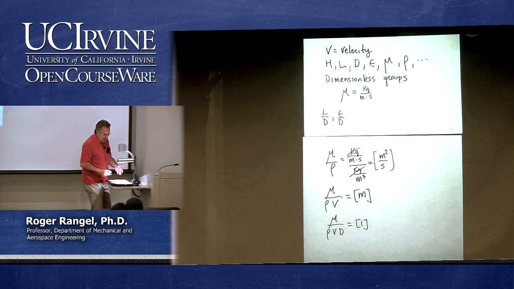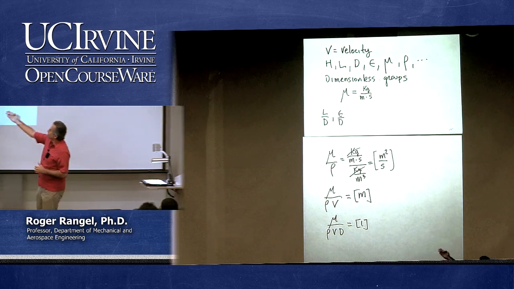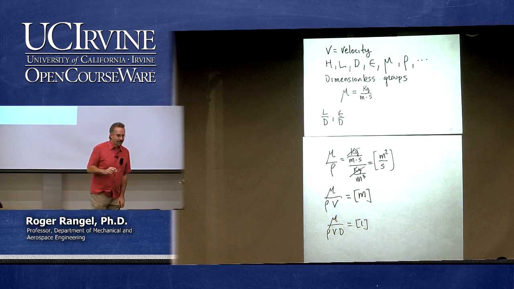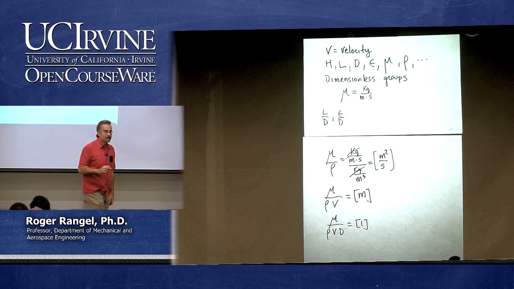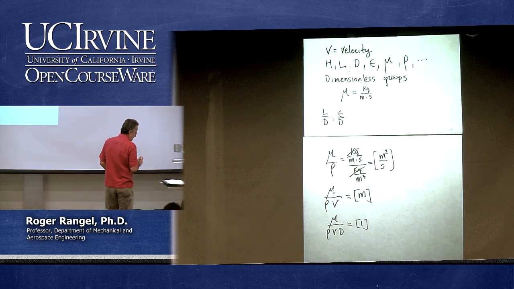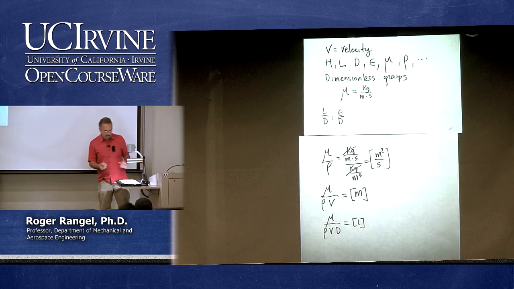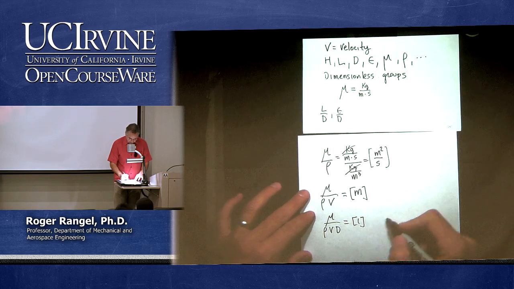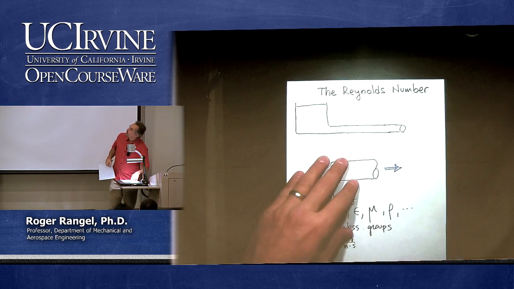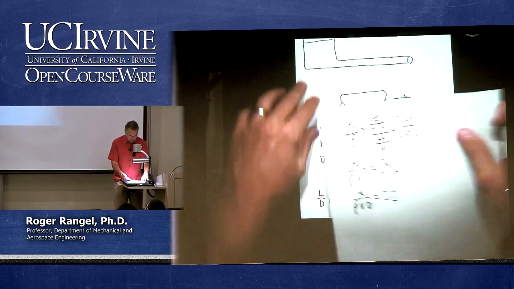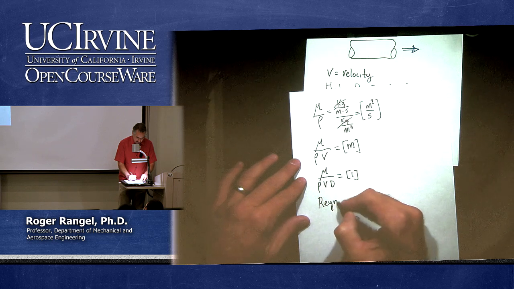So in fact, this has a name. And what is the name of this parameter? It's not really the Reynolds number yet. Does anybody know? It turns out that it's the inverse. We define a quantity called the Reynolds number, which was the title of my first page, as the inverse.